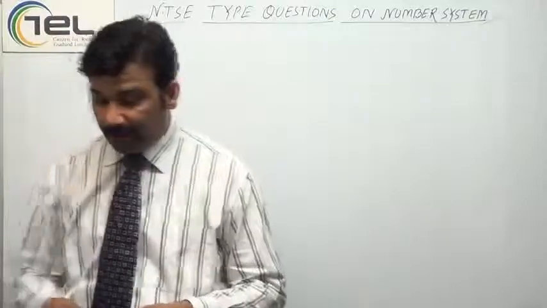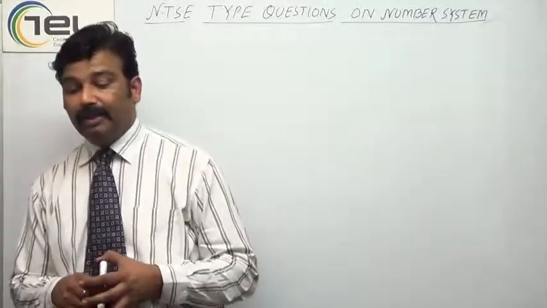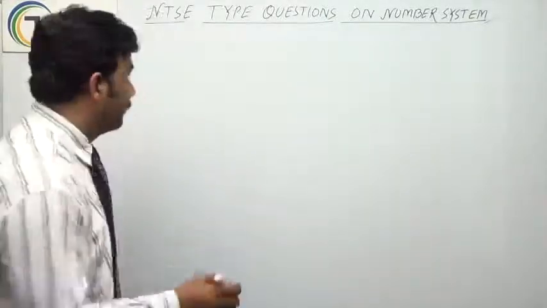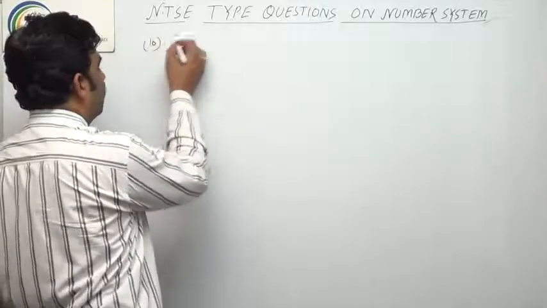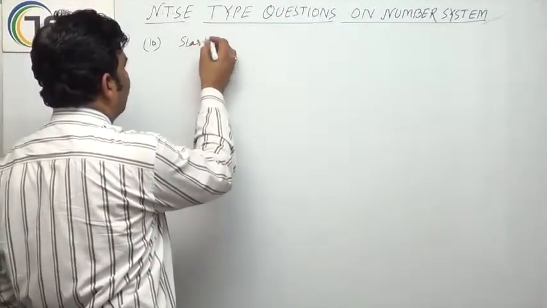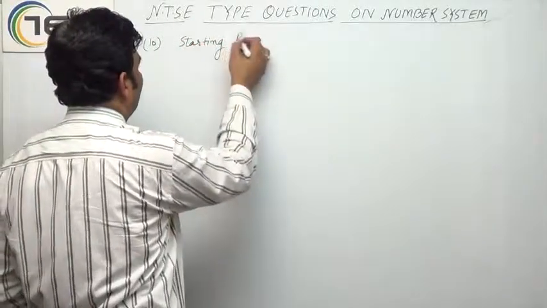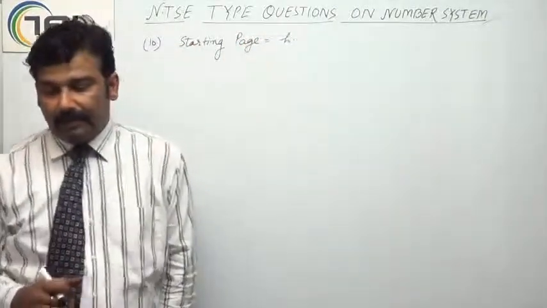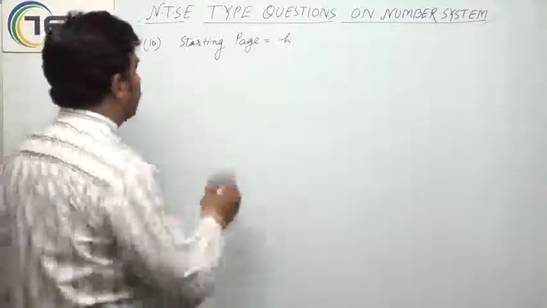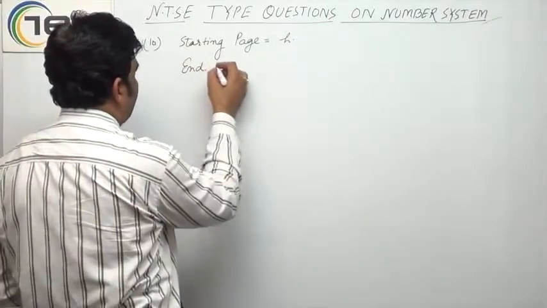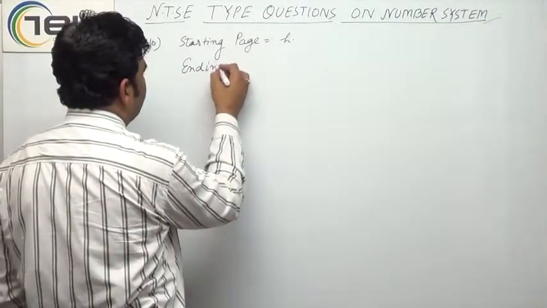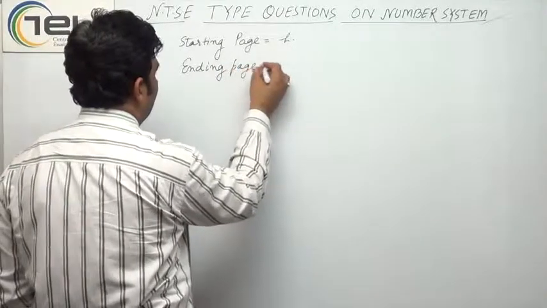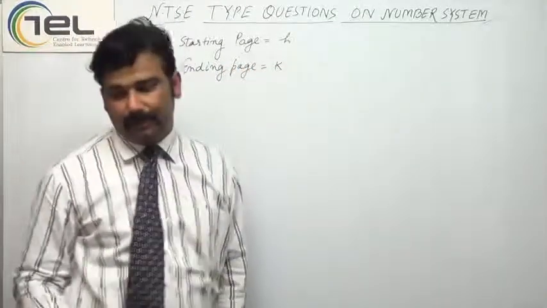I have a question in front of me. Suppose you begin reading a book on page H, the starting page, and end on page K, the ending page. Very easy.